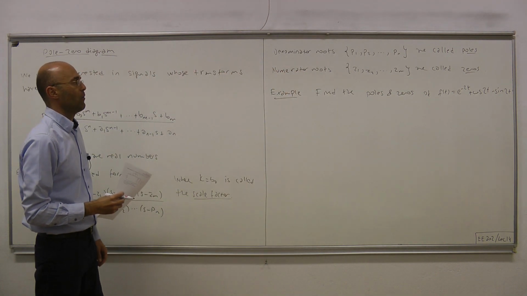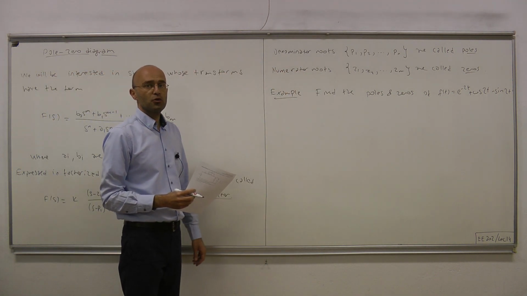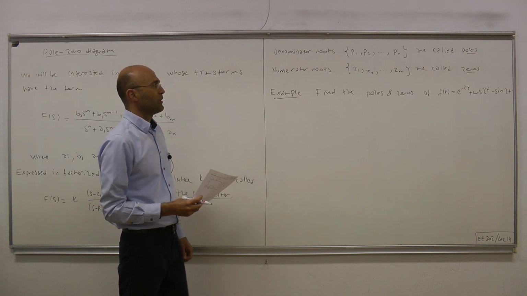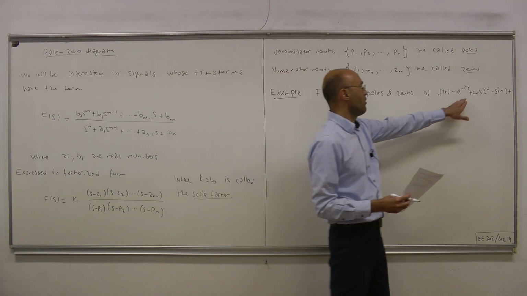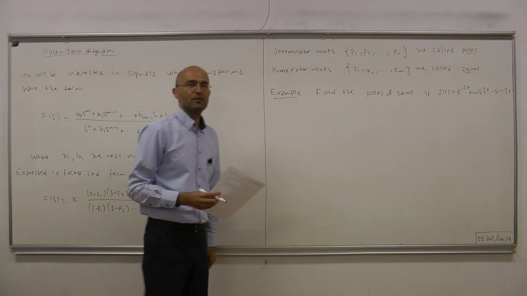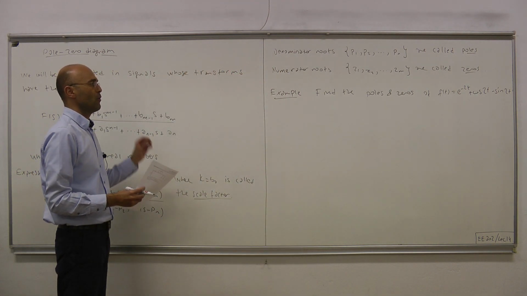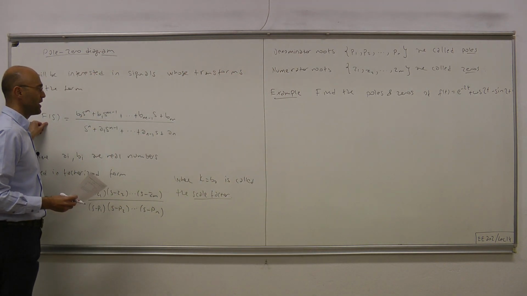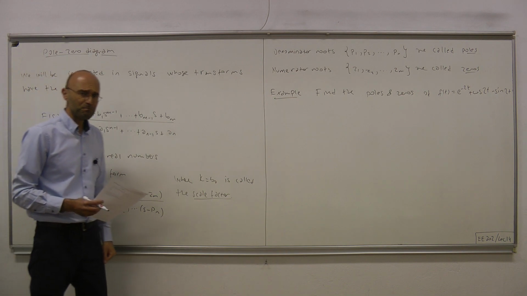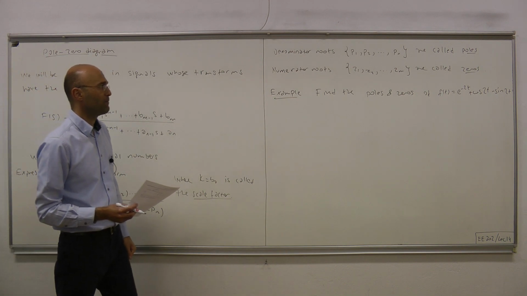Where the poles should be on the complex plane is almost obvious by looking at f of t, but to see the zeros clearly, we have to obtain F of s and write it in this form. So let's do that.